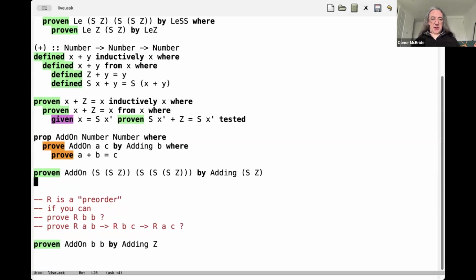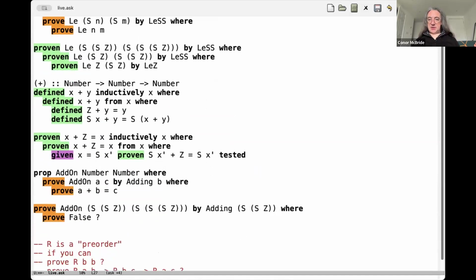So if I say by adding 2, then it asks me to prove false, because it figures out that 2 plus 2 is 4, and then it tries to prove that 4 is 3, and it knows that 4 is 3 if 3 is 2, and that 3 is 2 if 2 is 1, and that 2 is 1 if 1 is 0, and a spud's not a lemon, so that's nonsense. So when we get into the territory where there's some actual arithmetic to do, it does quite a lot of work for us.